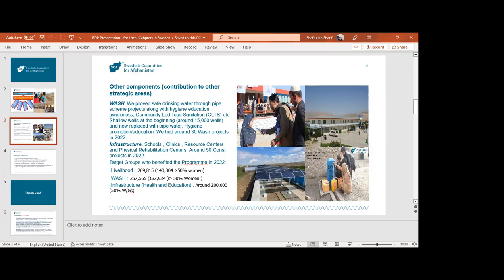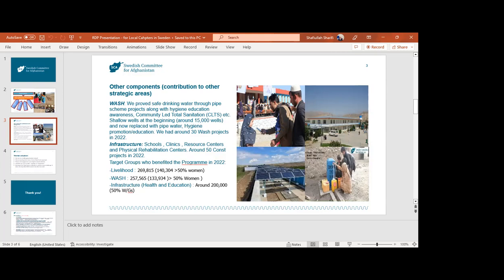And of course, there are some target groups who benefited from our activities, like in livelihood. We had 269,000 people, out of which 140,000 were women, so more than 50%.